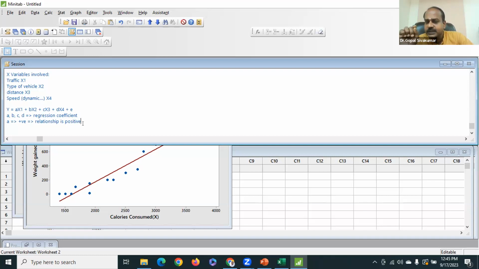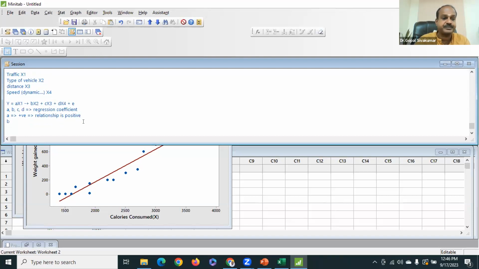Will you be able to understand the relationship just by seeing the regression equation? What is that you should look at to understand the relationship? You should look at regression coefficient. Let me make a change here. The plus I am changing into minus. Now tell me, what kind of relationship x2 has got with your y?